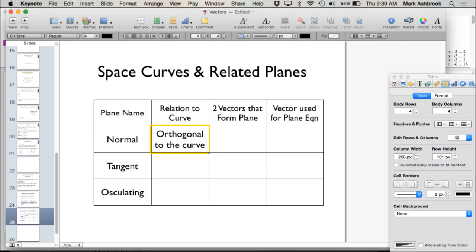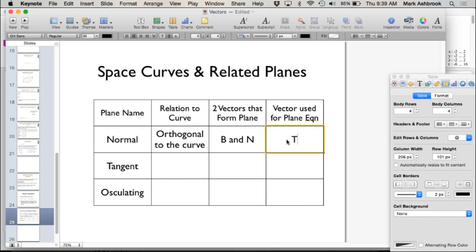What are the two vectors that form that plane, or the two vectors that are parallel to that plane? B and N. So then the vector you'd use in the plane equation for the normal plane? T. Which makes sense. The direction of the curve is T. The normal plane is going to be orthogonal to that direction of the curve.